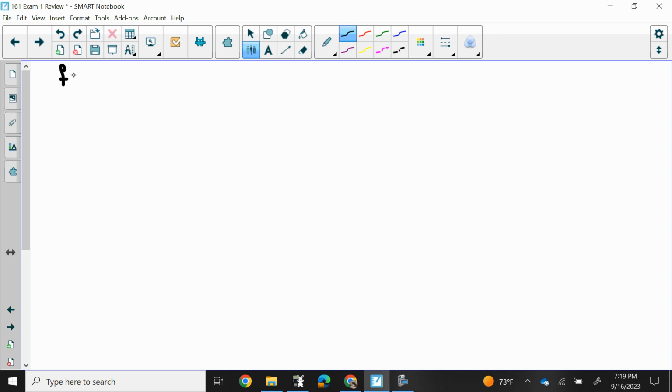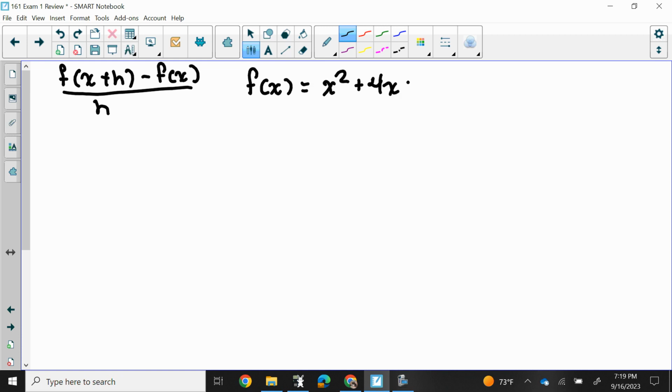This is just the beginning of the derivative, right? So this is f of x plus h minus f of x divided by h. So this is actually part of the combinations of functions. So if I had a function where f of x is equal to x squared plus 4x plus 2, and I want to evaluate f of x plus h, right?